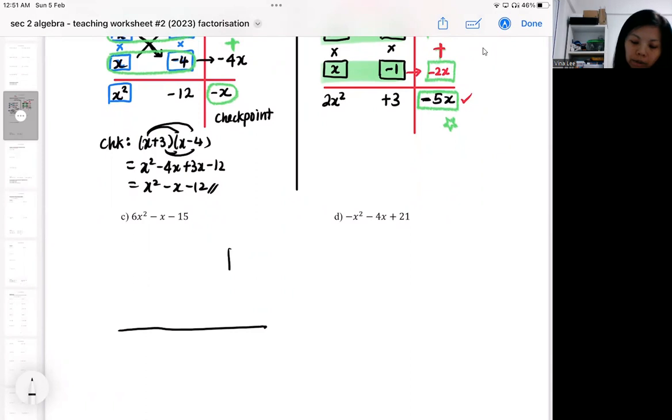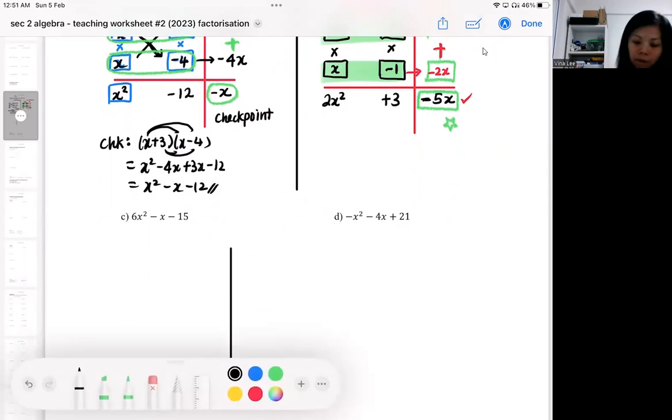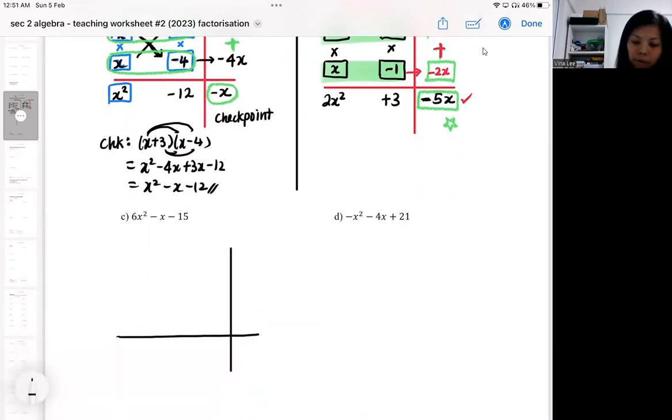So we set up the zone first. Set up the zone, label your 1, 2, 3. X squared will always be 1. X will always be 2. Constant will always be 3.